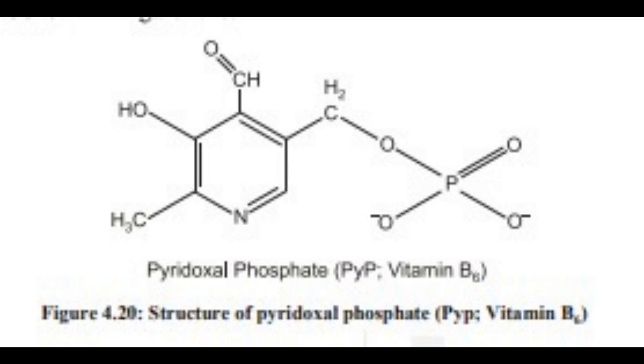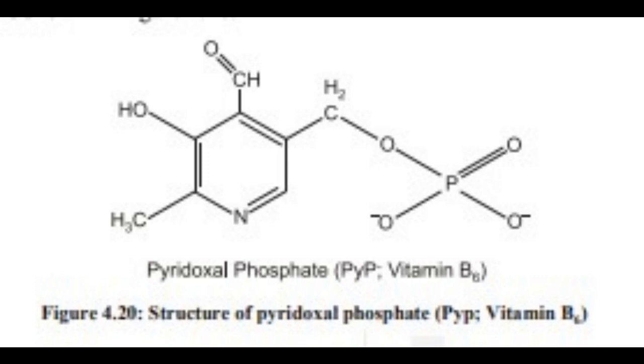Figure 4.20: Structure of pyridoxal phosphate, PLP, vitamin B6. The enzyme glutamate oxaloacetate transaminase catalyzes the reaction between glutamate and oxaloacetate with the formation of alpha-ketoglutarate and aspartate due to transfer of one amino group from glutamate to oxaloacetate. Pyridoxal phosphate acts as the carrier of the amino group.